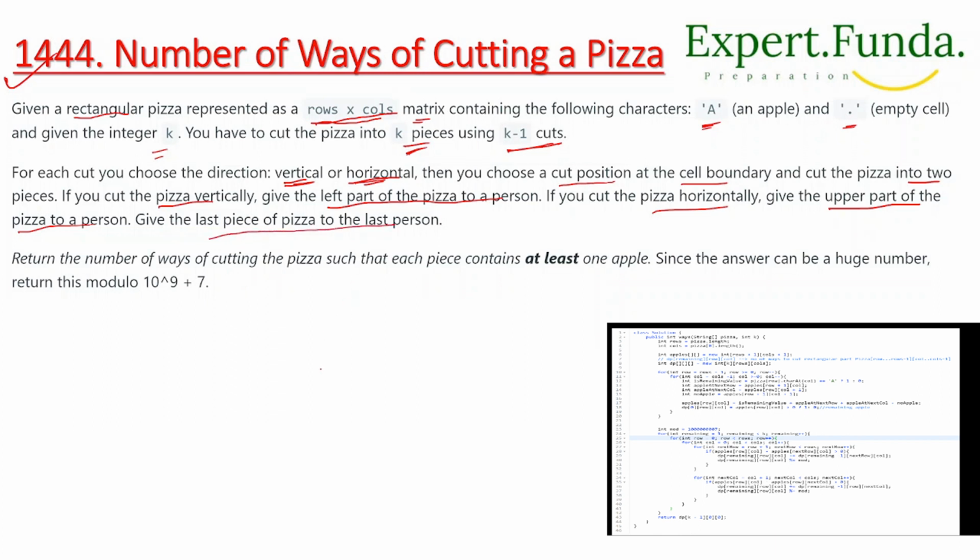Let's suppose this is a pizza. If you cut the pizza vertically like this, you give the left part of the pizza to the person. And if you cut the pizza horizontally, from here, then the upper part of the pizza, this part, you give to the person.